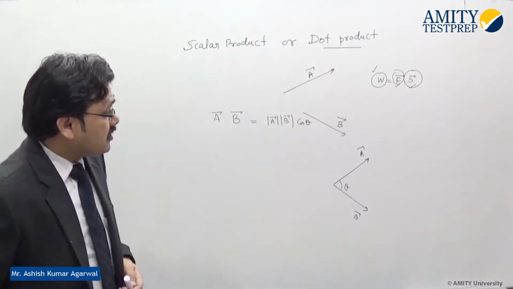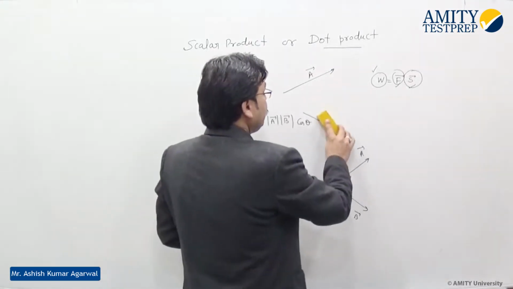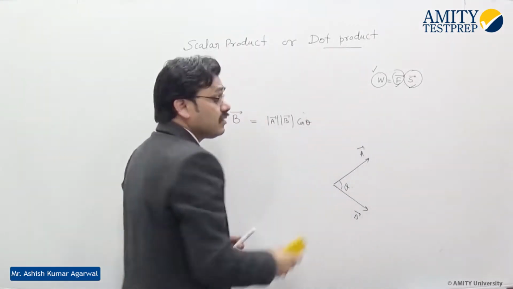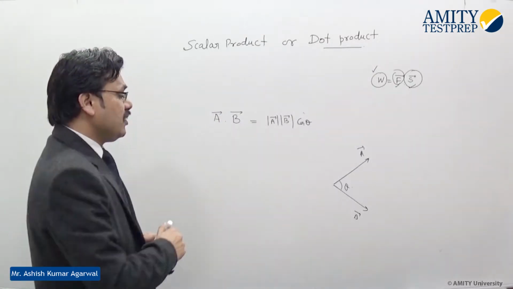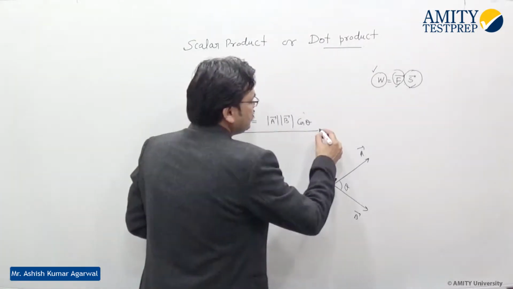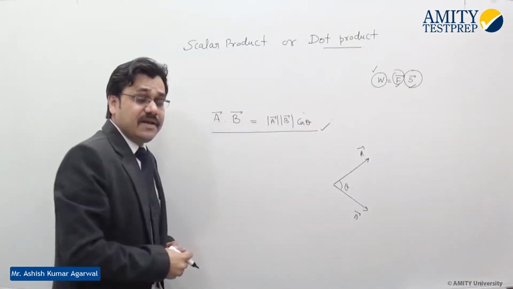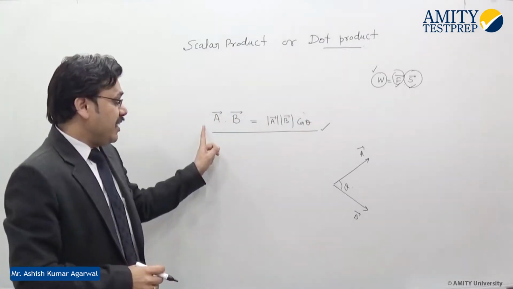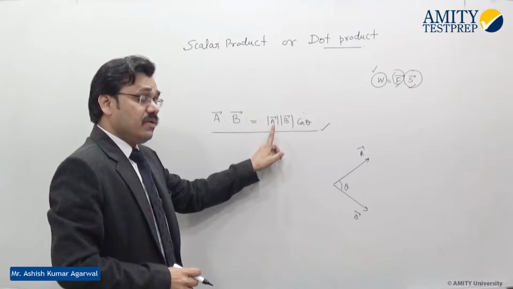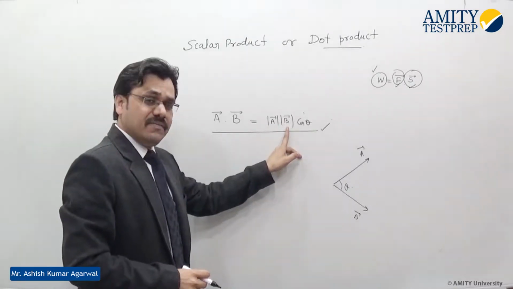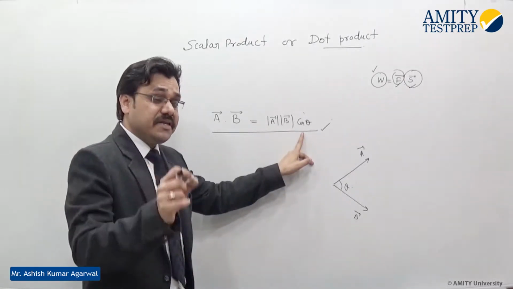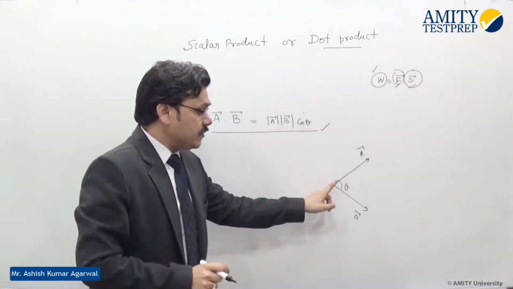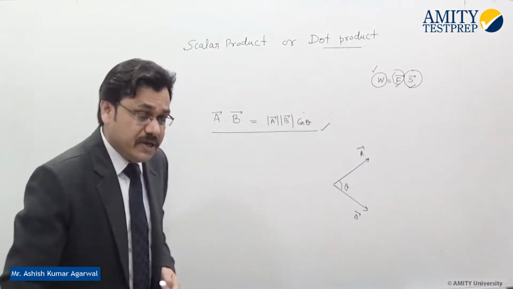Here theta is the angle between vectors A and B. So this is defined as the scalar product: A dot B equals the magnitude of A, the magnitude of B and cos theta, where theta is the angle between vector A and vector B.